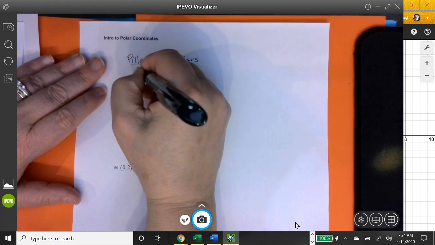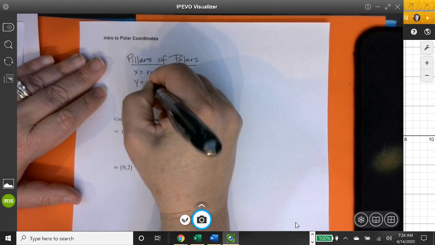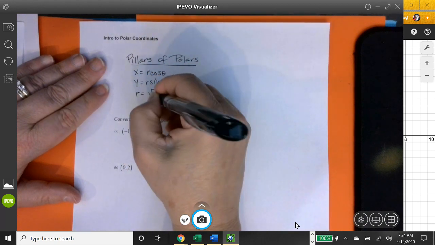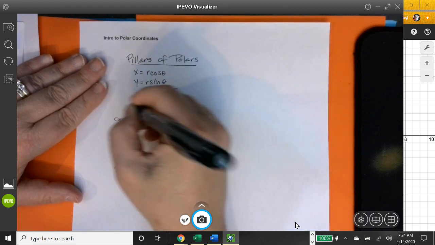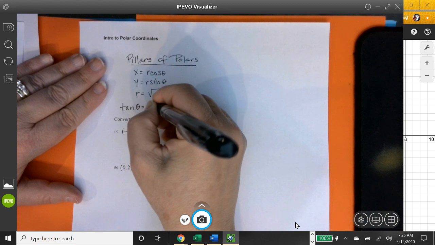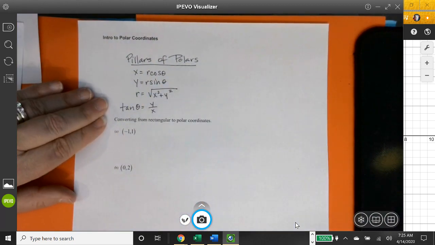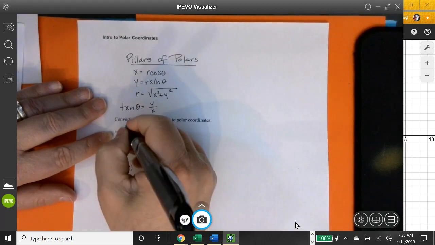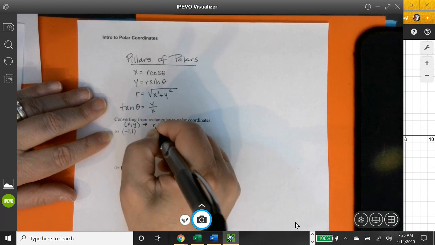Oh, wait, x equals r cosine theta, y equals r sine theta, r equals the square root of x squared plus y squared, and tangent theta equals y over x. Okay, so now what are we going to do? We're going to convert from rectangular to polar. So what we have here are x comma y's, and we're going to change them to r comma theta.